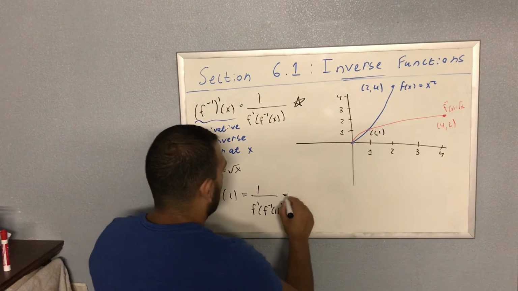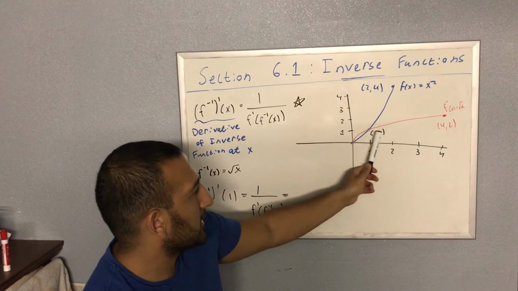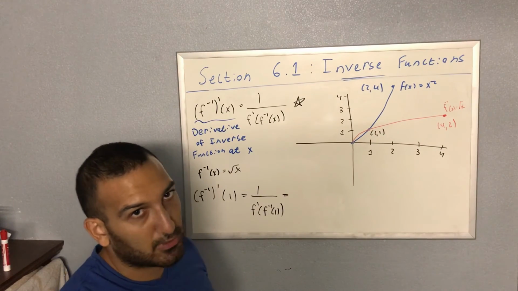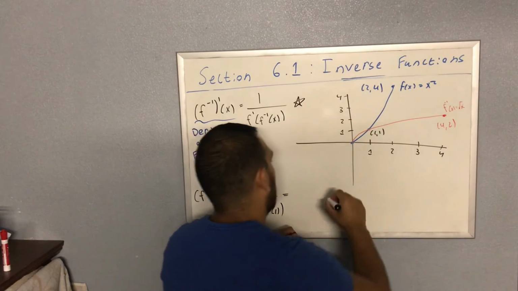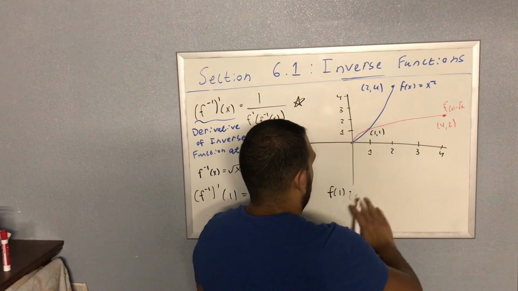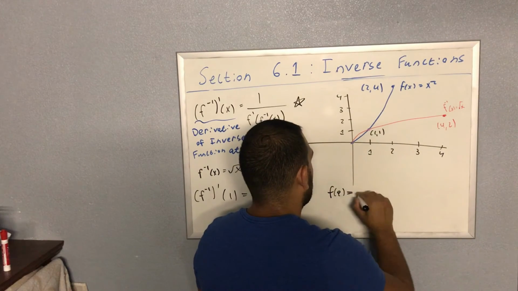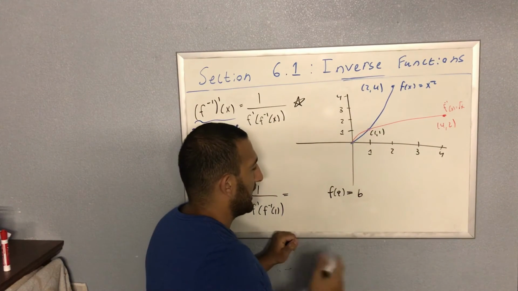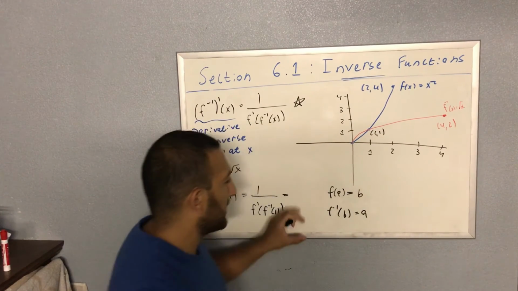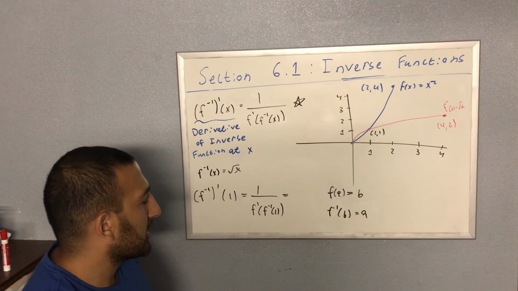Now the question is, what is f inverse of 1? Well, because these ordered pairs are the same, flip-flopping them doesn't matter. So f of 1 is equal to 1. Remember, if we had the relationship that f of a was equal to b, then you knew that f inverse of b was equal to a. This is basically the relationship that the inverse function gives you.